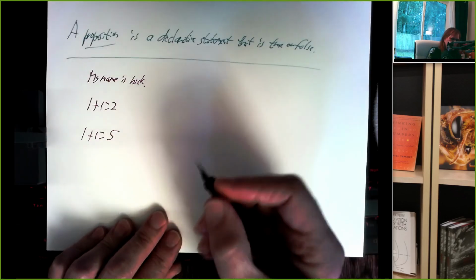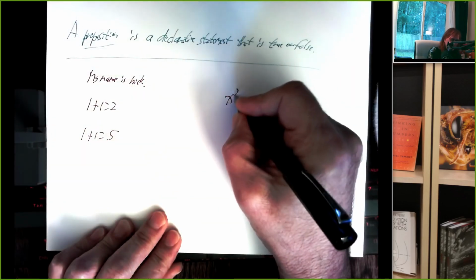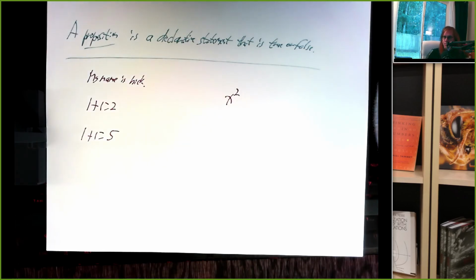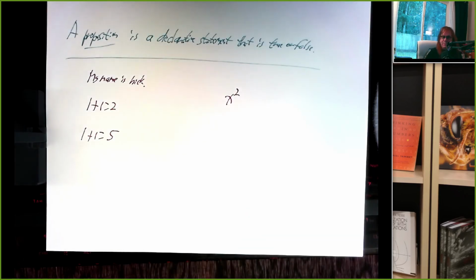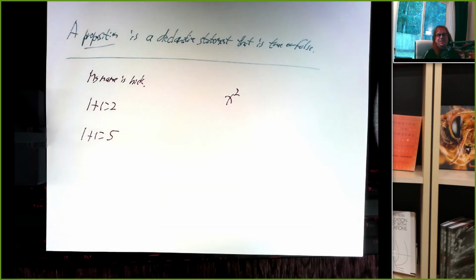Here's something that's not a proposition. x². It's not making a declaration. It's an arithmetic equation. It's an expression. It's a symbol representing what you get when you multiply x by itself. That's not a declarative statement. That's not something that has a truth value.